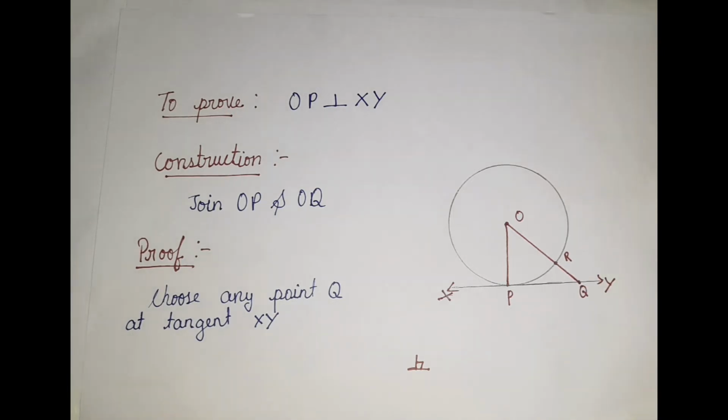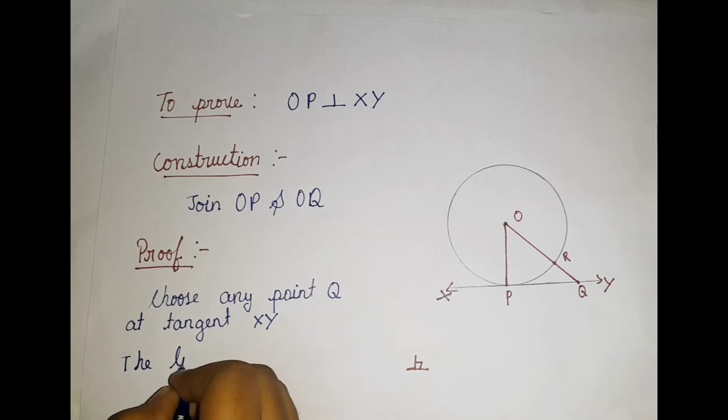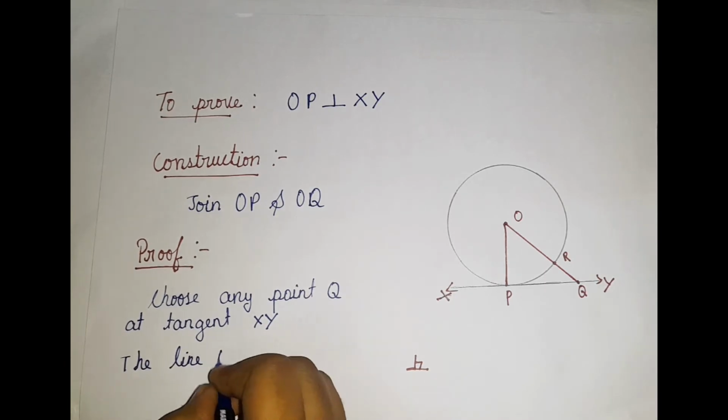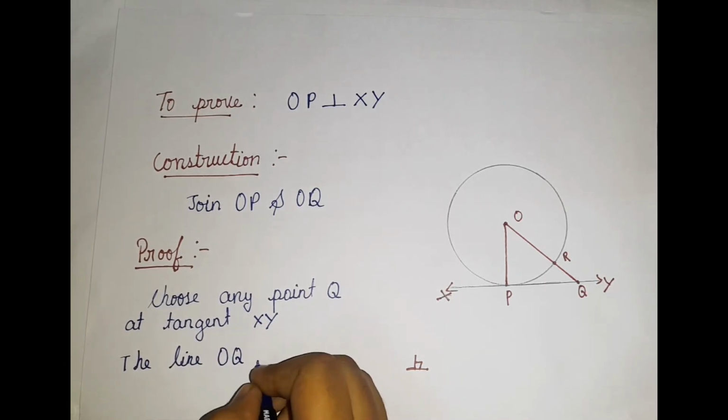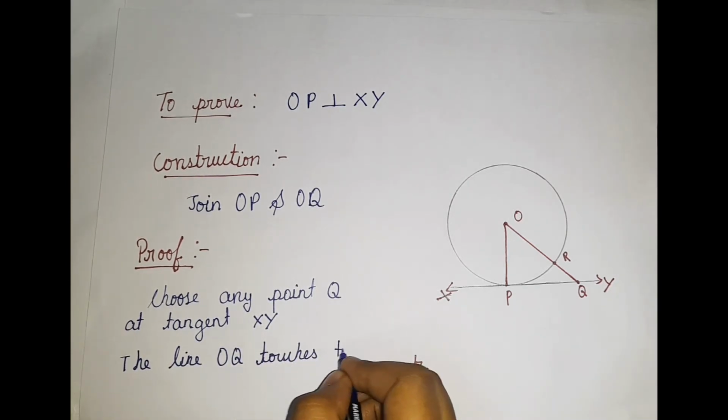Now what are we supposed to write ahead? We are supposed to write: the line OQ touches the circle at R. I'll explain it, don't worry.